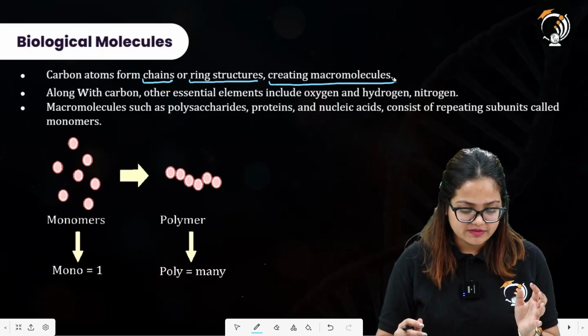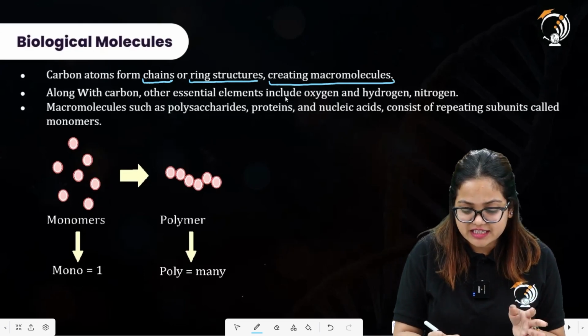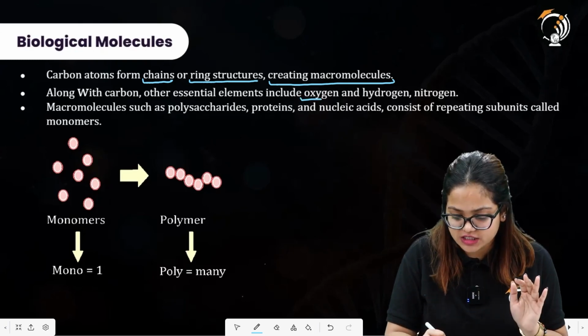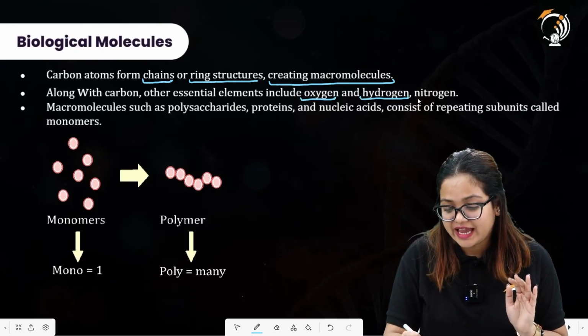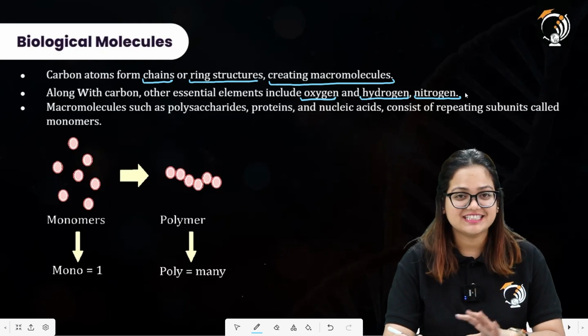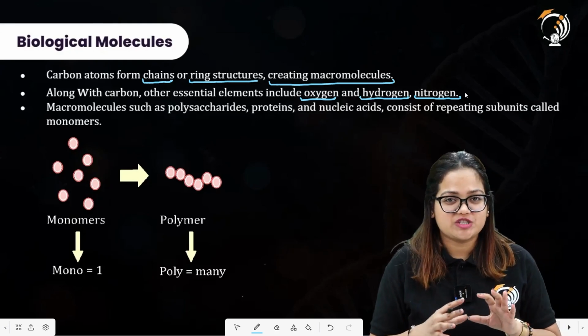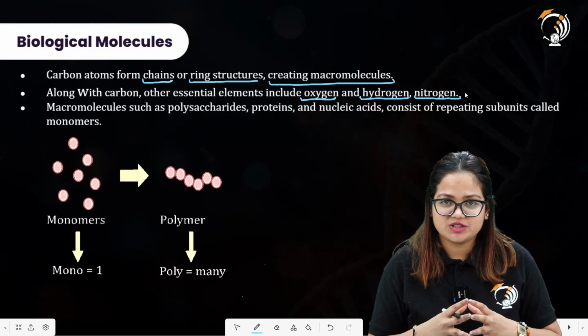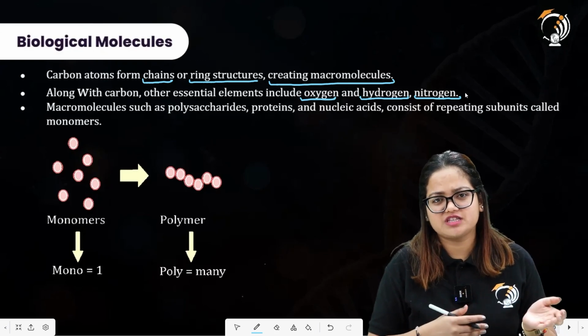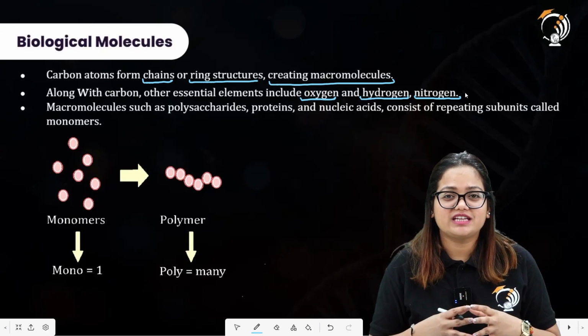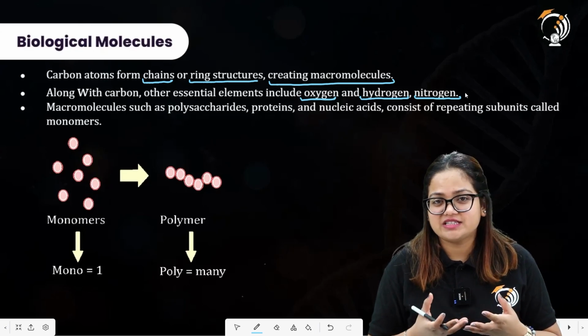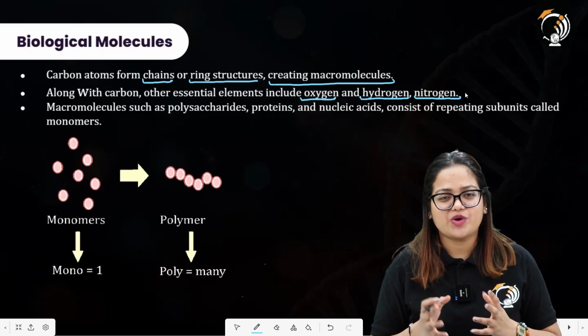All right. Then we have, along with carbon, other essential elements including oxygen, hydrogen, and nitrogen. In the last slide I told you that a table-like question will come in your examinations, as we have observed in the previous year papers. So you are going to select the correct elements that are found in carbohydrates, fat, or protein.